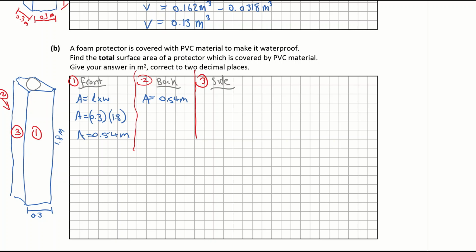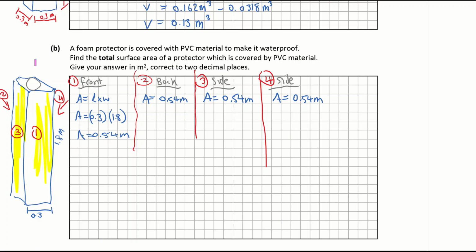And once again, it's the same area as the front. So area is equal to 0.54 meters. I'm then going to take the other side of the shape, which will be in from here. So that's area 4 looking in, which is going to be the other side, which again is giving me the exact same area of length by width of 0.54 meters. Okay, so that's basically the sides of the protector done.